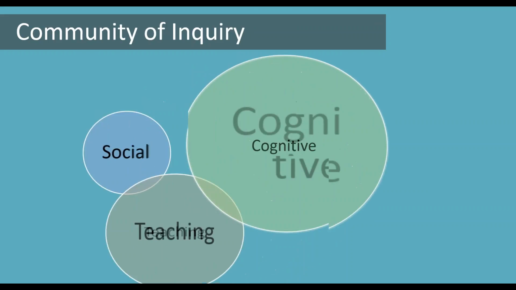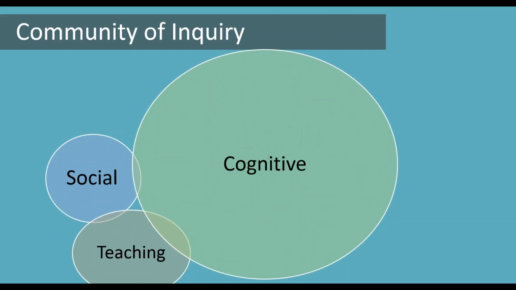So what if there is too much cognitive, not enough social and teaching? This model right here is kind of like the early days of e-learning, where we have data dumps. Dr. Merrow talks about data dumps. A lot of resources online, a little bit of teacher interaction, not really very much person-to-person. And so this was a course design pitfall that hopefully we don't fall into today, because we have a lot of strategies and technology available to prevent this kind of course design.